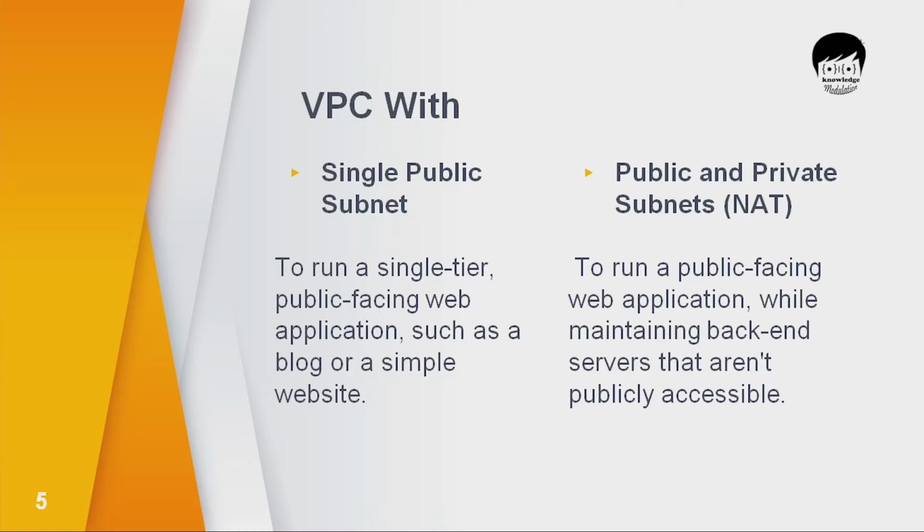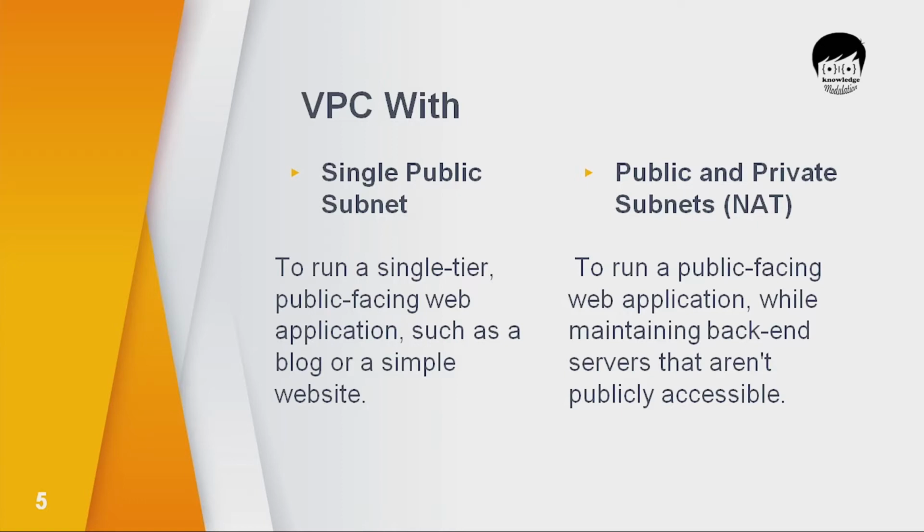The other one is public and private subnets. It is used to run public-facing web applications while maintaining backend servers that aren't publicly accessible. It means that sometimes you need to store a database. Suppose we have one website which contains login credentials and all. For that purpose, we have to maintain one database at our backend, and on the other side is the GUI, which is obviously a web page.